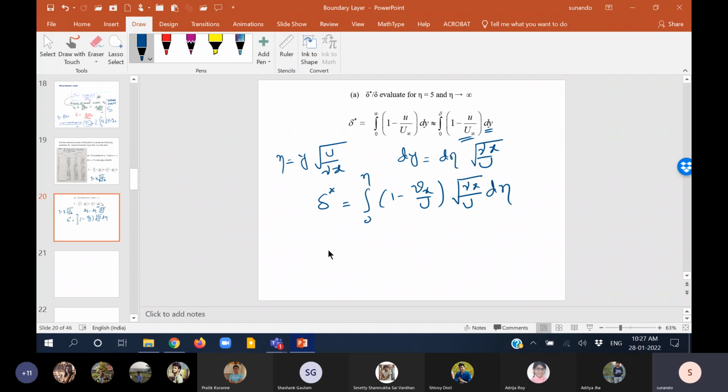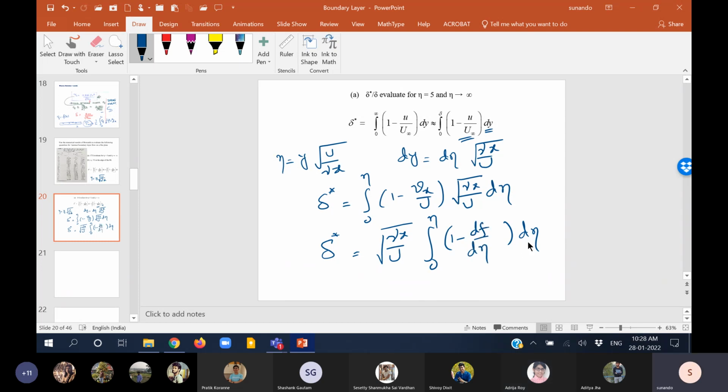And then ultimately, what we get for delta star, if I take this out, what should I write inside the first bracket in place of 1 minus u by u infinity? 1 minus df by d eta.